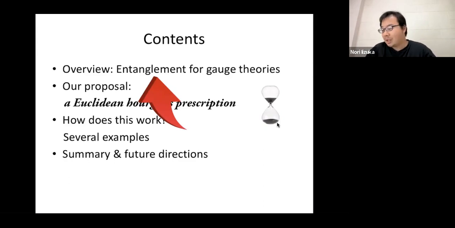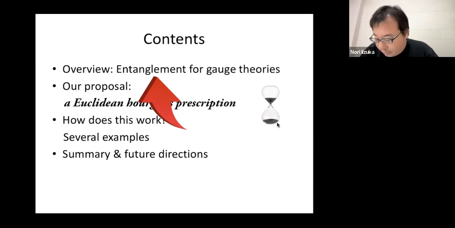Now there are beautiful works by Sandeep, Sunil and collaborators, which work out a nice prescription for how to calculate entanglement entropy for gauge theory in general, and it is especially powerful enough to calculate some quantities in the U(1) Maxwell theory.